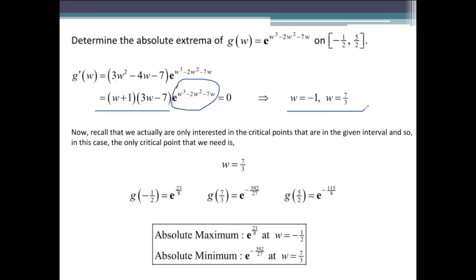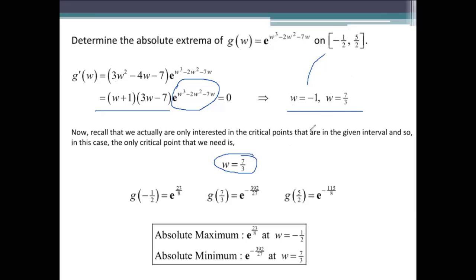We have -1 and 7/3, but -1 does not belong to our interval, which is from -1/2 to 5/2, while 7/3 belongs to our interval, so it will be the only critical point of our function.